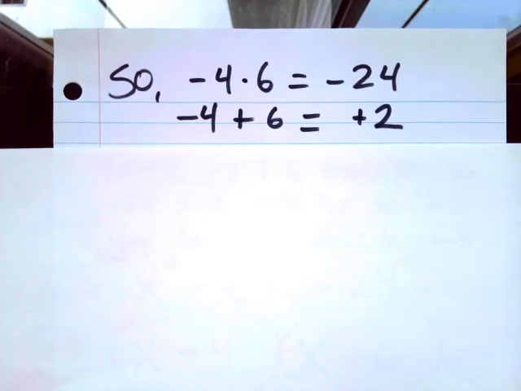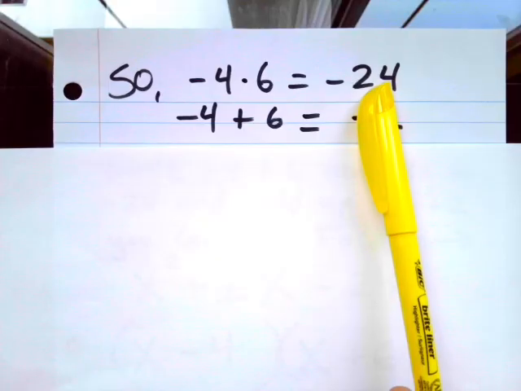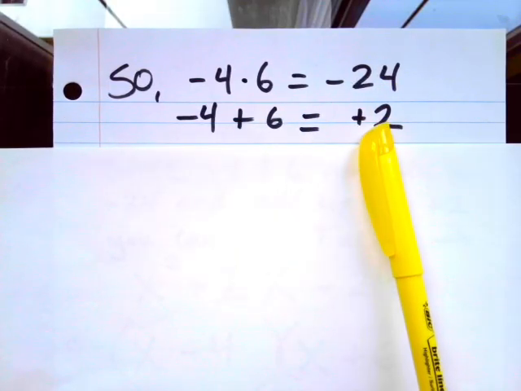All right, welcome back to part three of reviewing the skills in order to answer the test question in relation to finding zeros of a function. So how many of you were able to find the two numbers that multiply to a negative 24 and then add up to a positive 2?